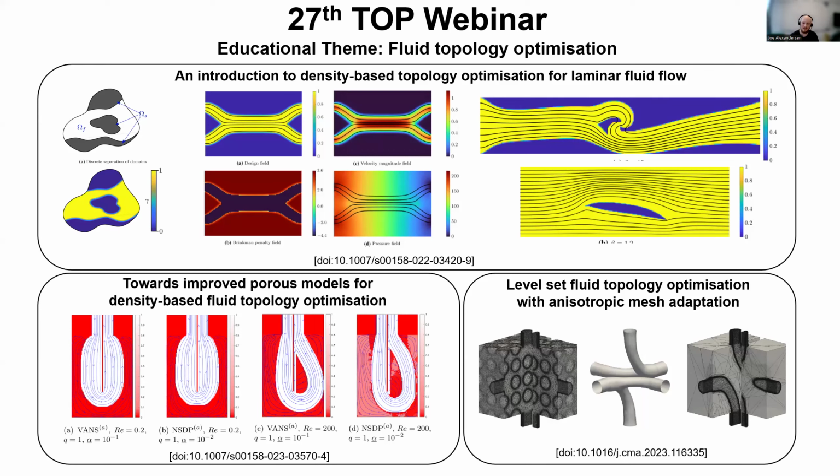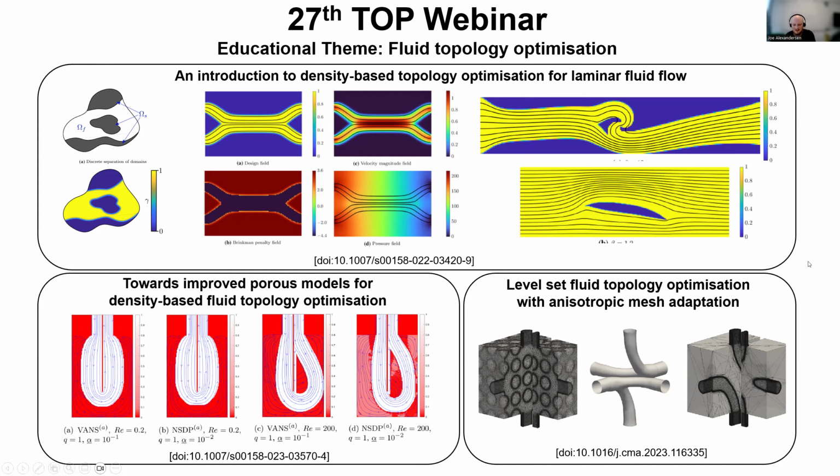Then we have Elie, who will show some large-scale level set-based topology optimization with anisotropic mesh adaptation, one of these slightly different ways of doing topology optimization than the first two.